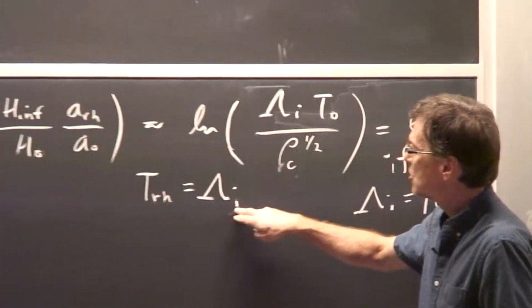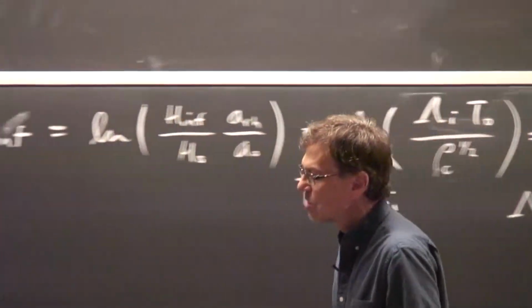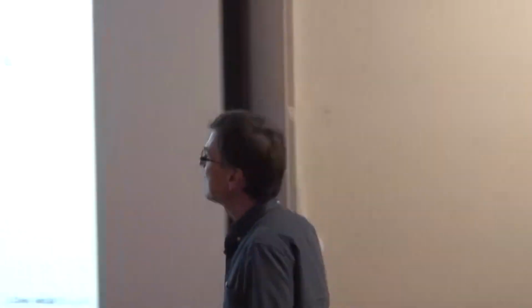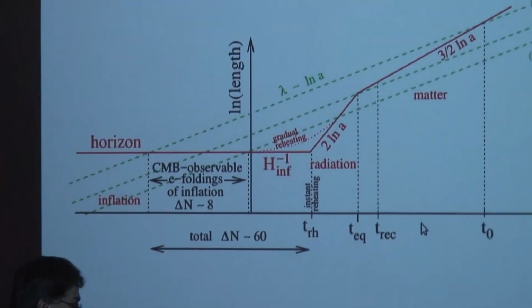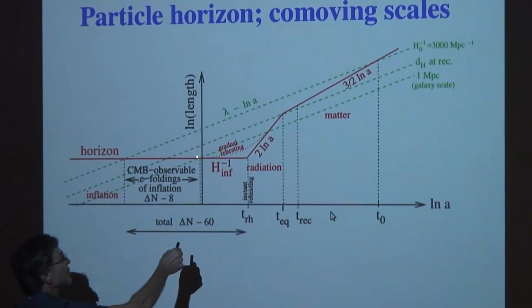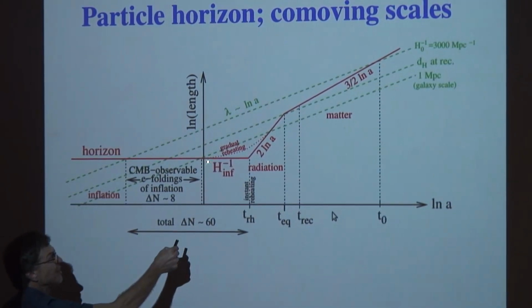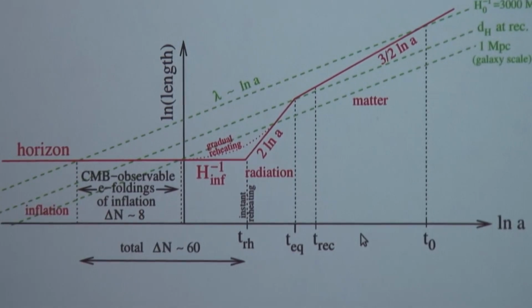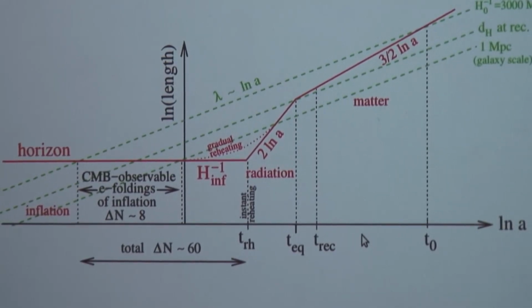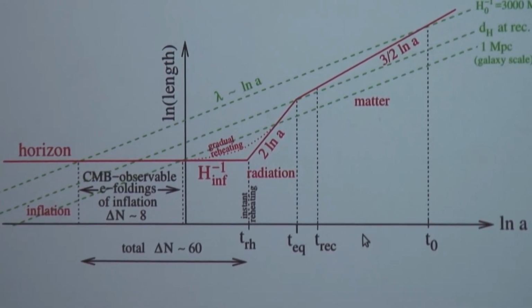Now what about this assumption? That's not very realistic, and realistically you would have more gradual reheating, as I've shown here. Inflation would end here, say, and reheating would take some time, through perturbative inflaton decay if the decay rate is small enough.